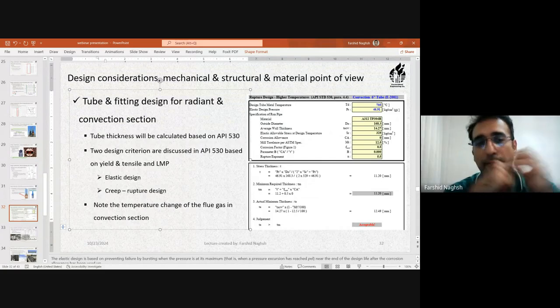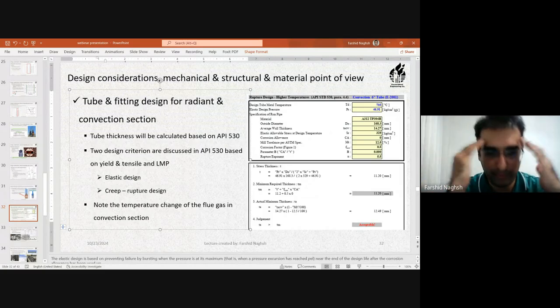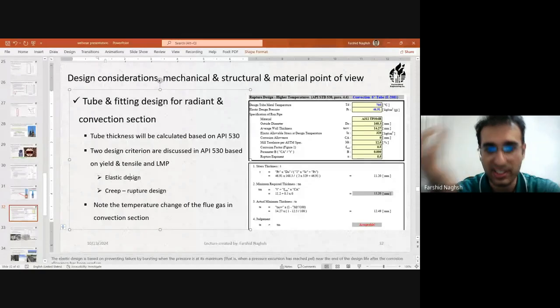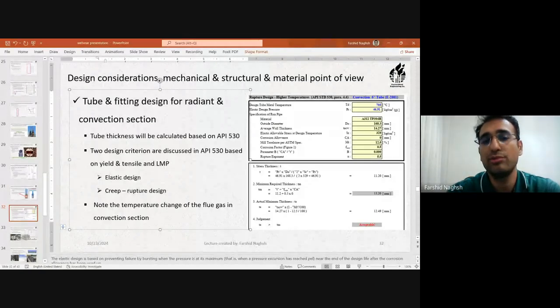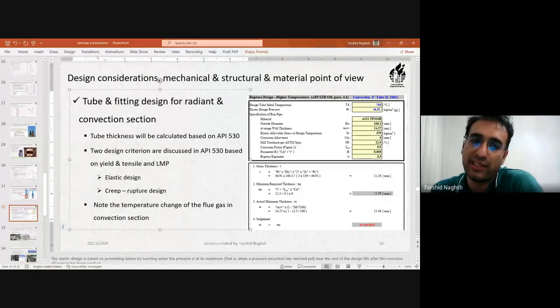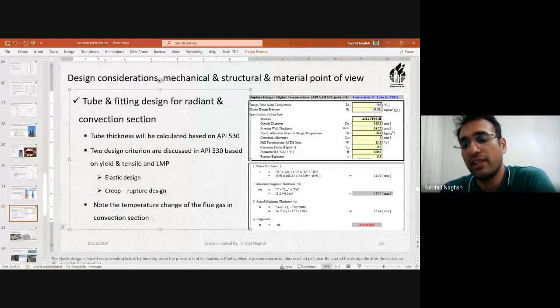The creep rupture design is based on the Larson-Miller parameter, and there are a lot of curves that help you define the Larson-Miller parameter based on the material and the temperature, to select the correct thickness for the tubes of the radiant section and also the convection section.